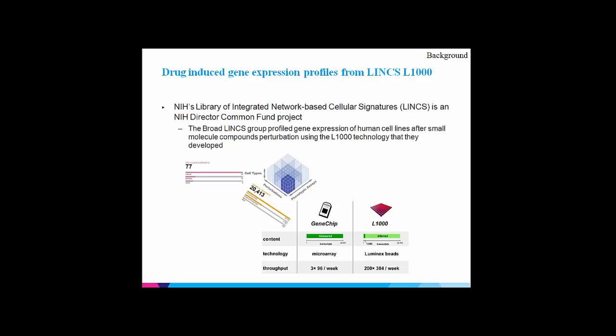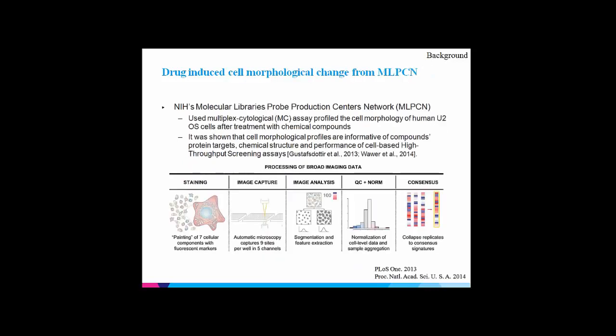In the LINCS L1000, they profiled over 20,000 drugs or small molecule compounds in different human cell lines, and then after different periods of time, they used this L1000 technology to profile the gene expression of those human cell lines, and generate a lot of data.